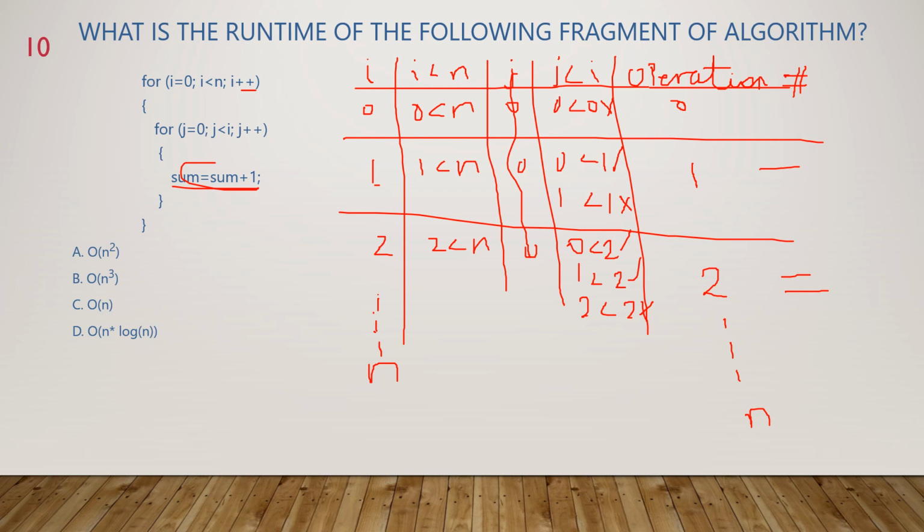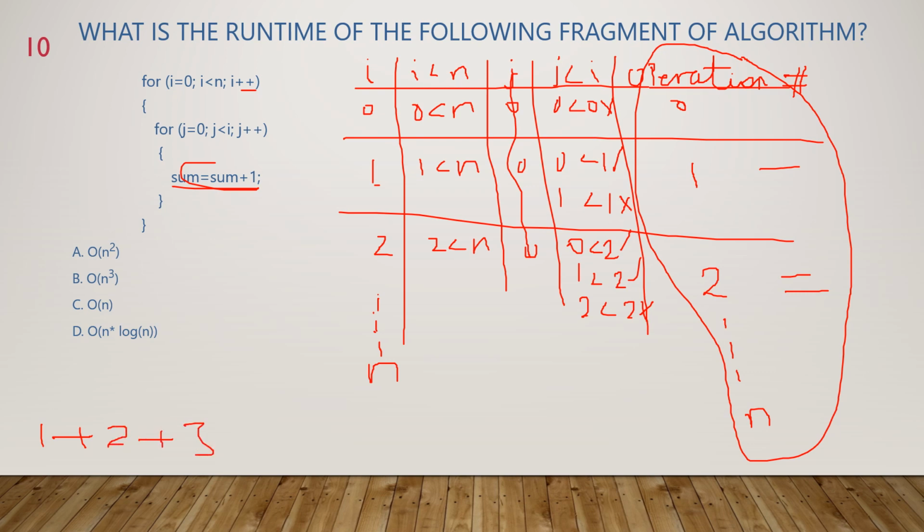Again, what is the running time of this one? That means the summation: here 1 time, here 2 times, here 3 times, like this, moving up to n times.